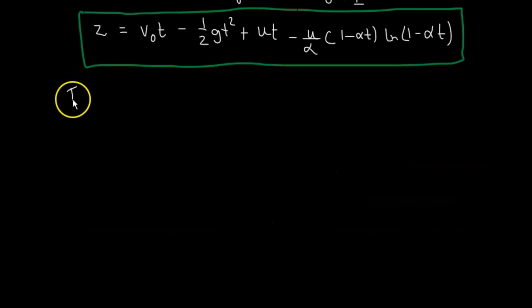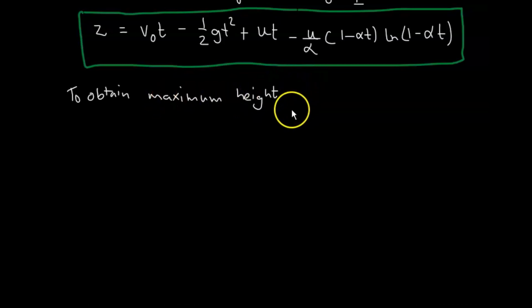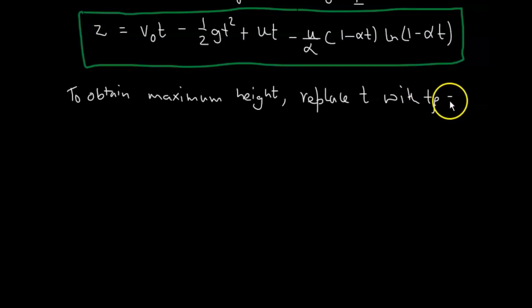Now, in order to obtain the maximum height, all we have to do is simply replace the time t in the expression with the time of flight. That's the total time taken to exhaust the fuel, and at that particular time the rocket is going to reach its maximum height, and TF is simply equal to beta over alpha.